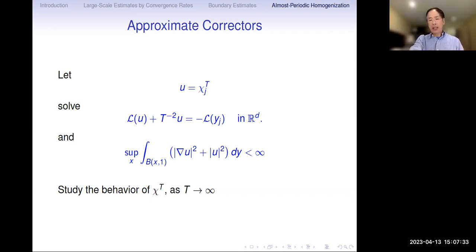You have a t there, t goes to infinity, so that equation can be solved for each t. And the hope is that as t goes to infinity, there's some limit, which is supposed to be the corrector. And hopefully you can get some uniform estimate with respect to t. That's been the approach for the general non-periodic setting, including the random case.